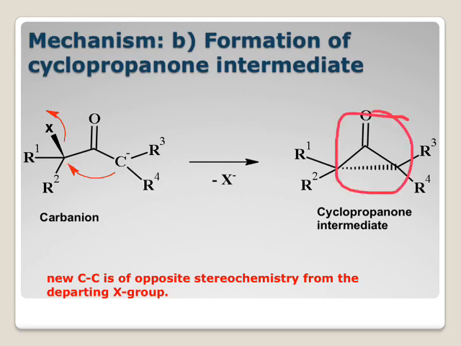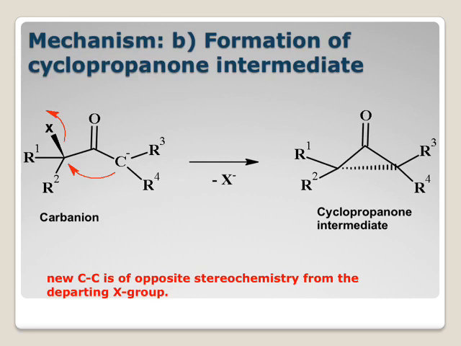Now here in this step I have shown the stereochemistry. The negatively charged carbon atom, or carbanionic carbon, will attack from the side exactly opposite to that of the halogen, because when they are exactly opposite to each other, it becomes very easy for the leaving group to leave the molecule.